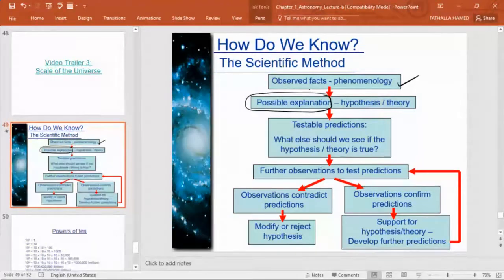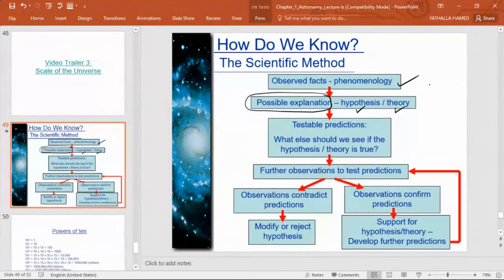And when you try to explain things, you try to come up with ideas. This is where we come up with a hypothesis, and it may develop into a theory. That's how we think about why this is happening.